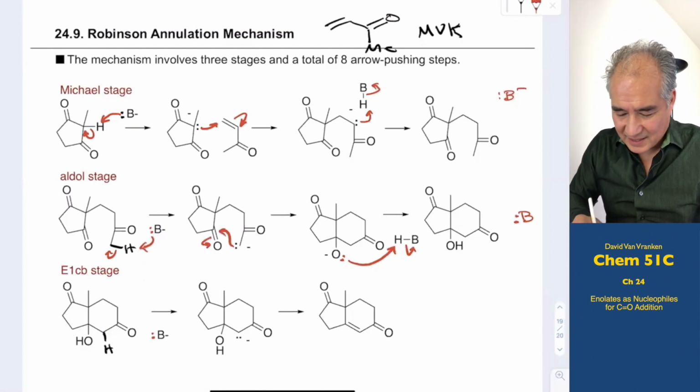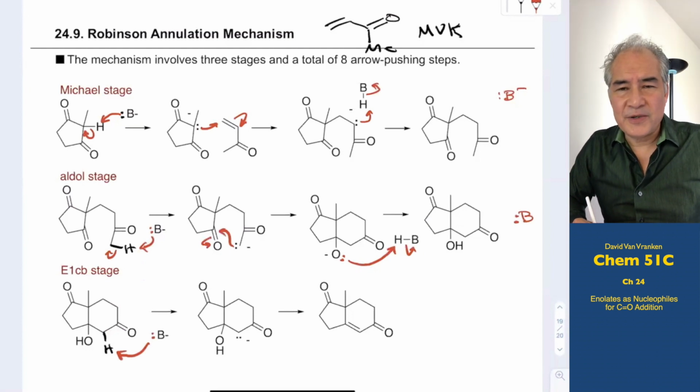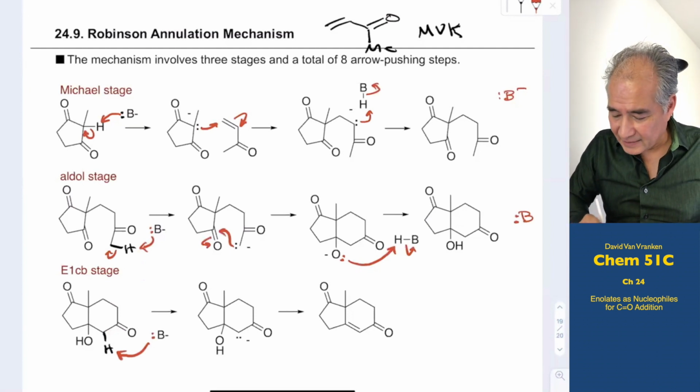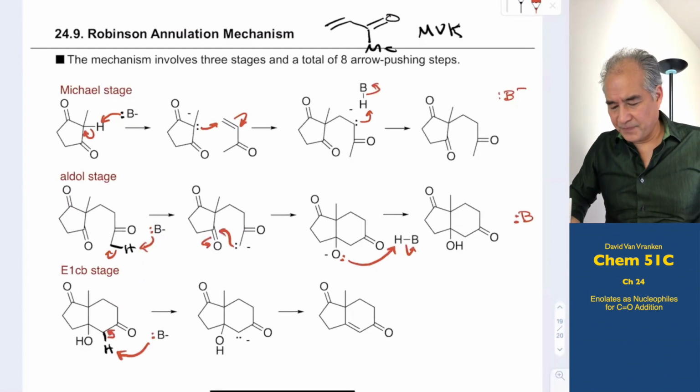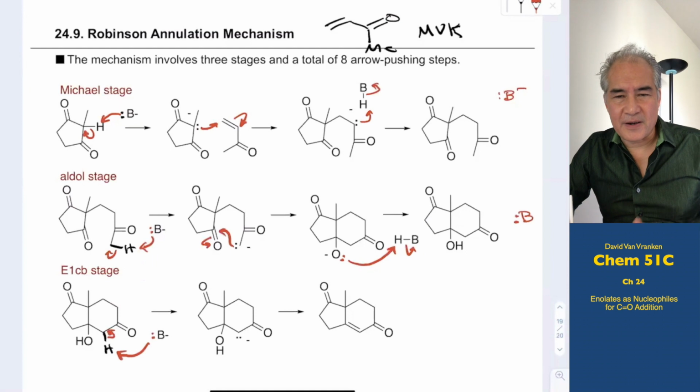So how do we know it's acidic enough? Well, it was acidic enough up above to pull off protons like that. And so don't do an E2 concerted elimination. That's not the way that aldol condensations work. You make the enolate first. There we go. And why is that so facile? Because the electrons are stabilized by the carbonyl.